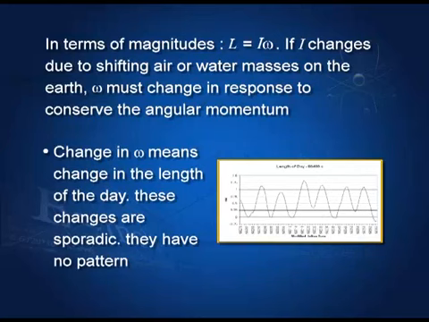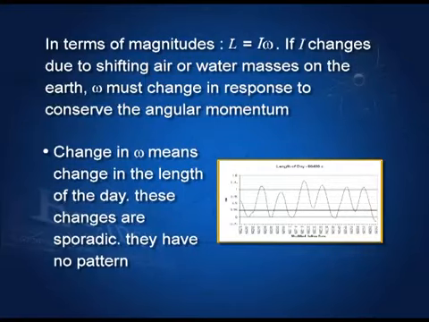It is roughly 1 millisecond or a few milliseconds every day, and this is sporadic, this is not regular, there is no pattern, and this is the change in the day because of the changes in the air masses or water masses in the earth and the change of mass distribution around the axis of rotation.